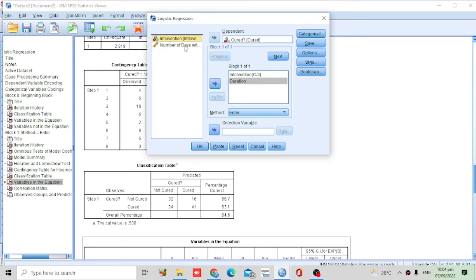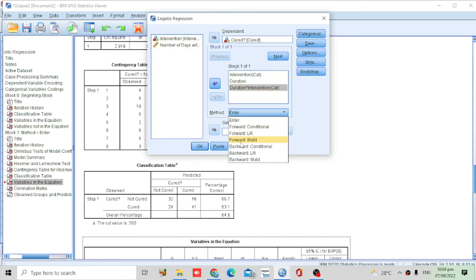Let us see, choosing yung stepwise method. Stepwise method by using forward logistic regression.